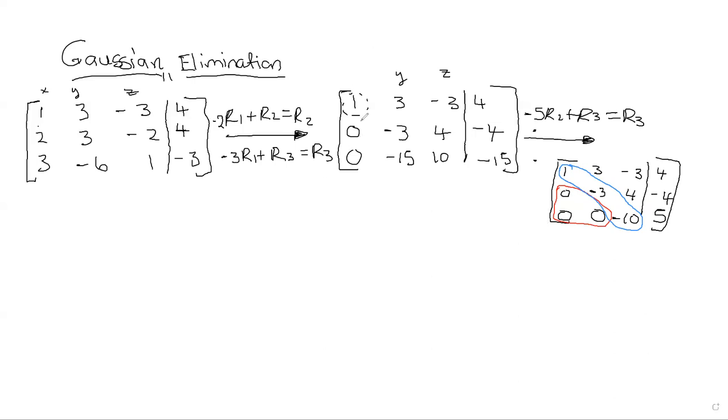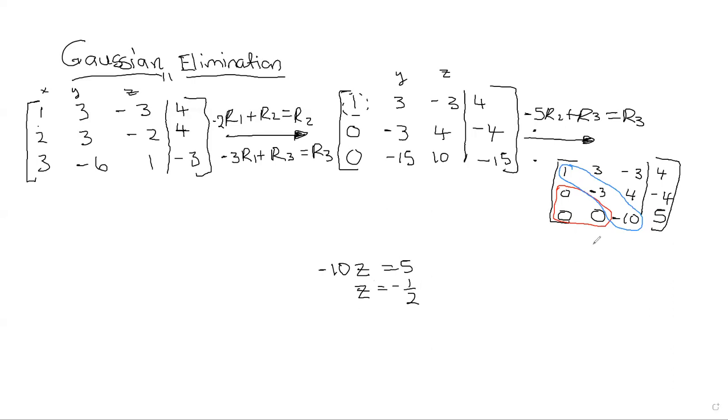In this case, when we solve for the answer, because we are done getting the zeros, we can say -10z is equal to 5, start with the bottom one. This implies that z is equal to -1/2.